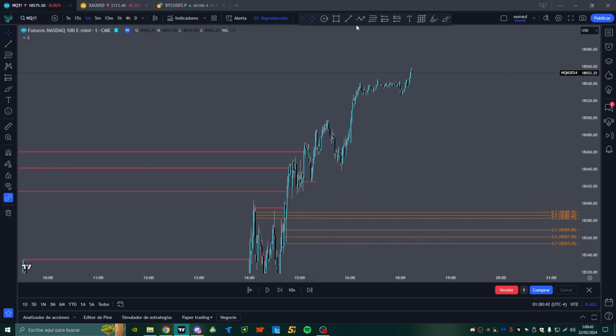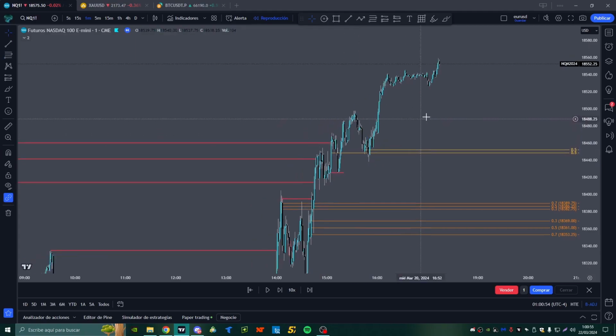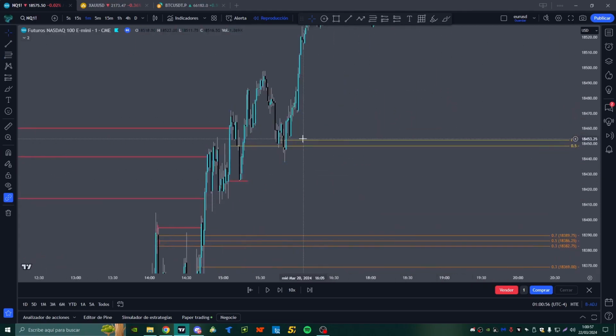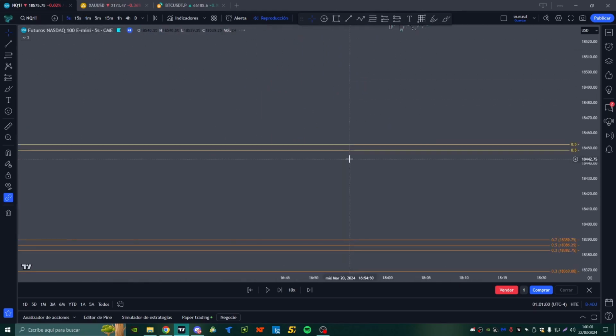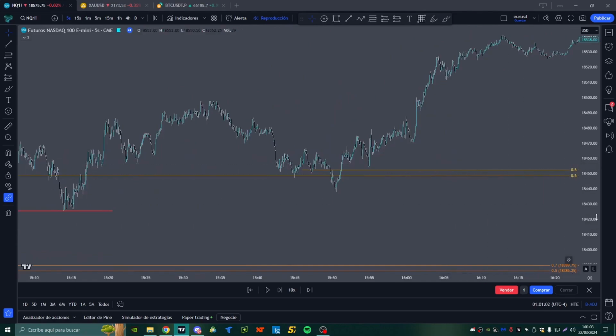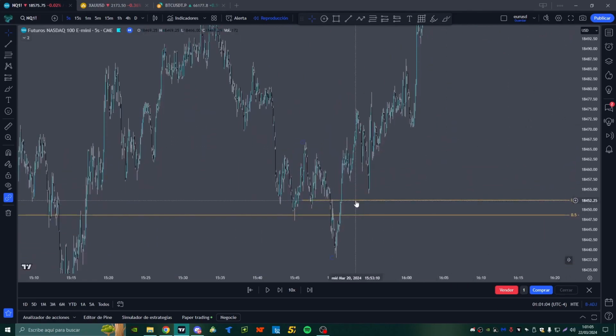We have this again. 50% flip, retracement to 50% of the flip area. Didn't manage to mitigate the 50 here. Like this, but no. It just arrived at the edge of this area.